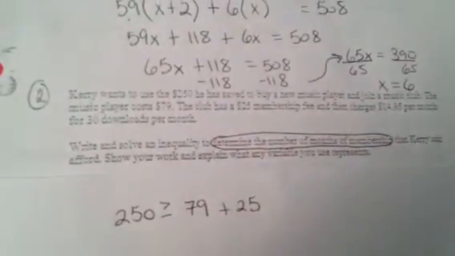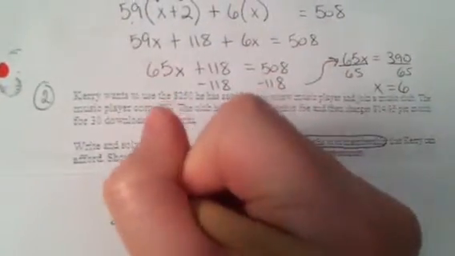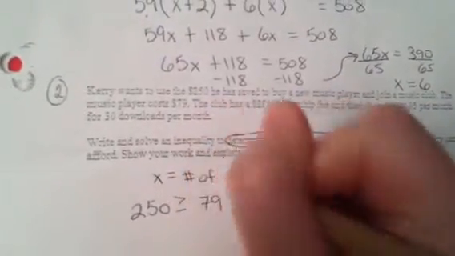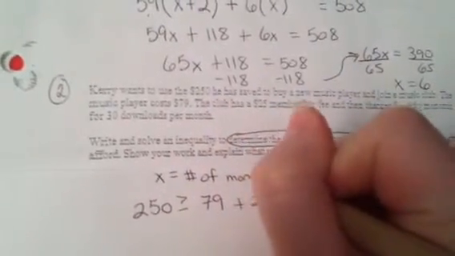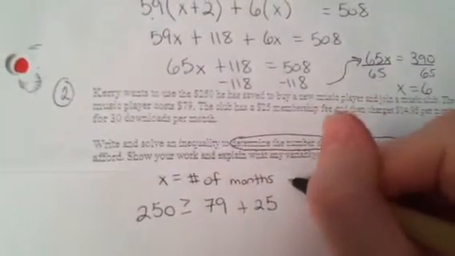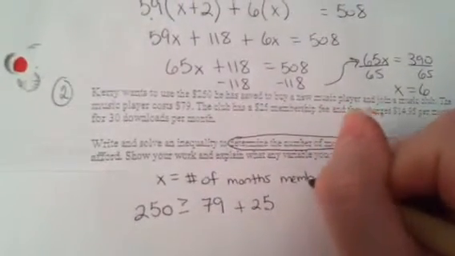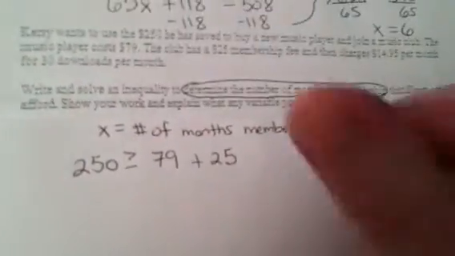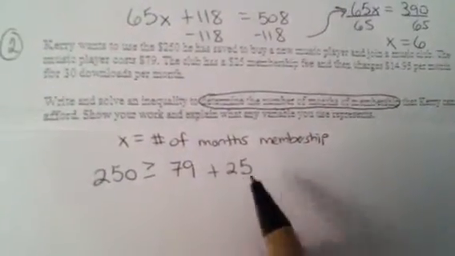And then our variable that we need to set up is going to be x, and x is going to equal the number of months of the membership that he can afford. So we have the flat fees of $79 and $25.